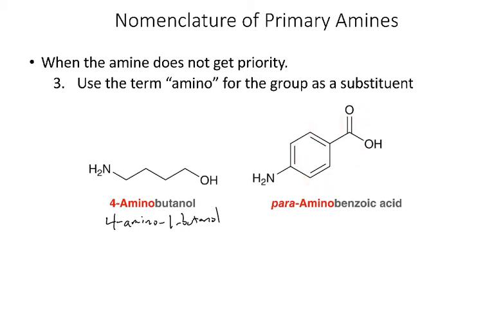Here's a second example. We have an amine and a carboxylic acid. Carboxylic acid is among the highest priorities, and so it gets precedence over the amine. And so as our base, we would use benzoic acid. The amine is para to the carboxylic acid, and so we would have para-aminobenzoic acid.